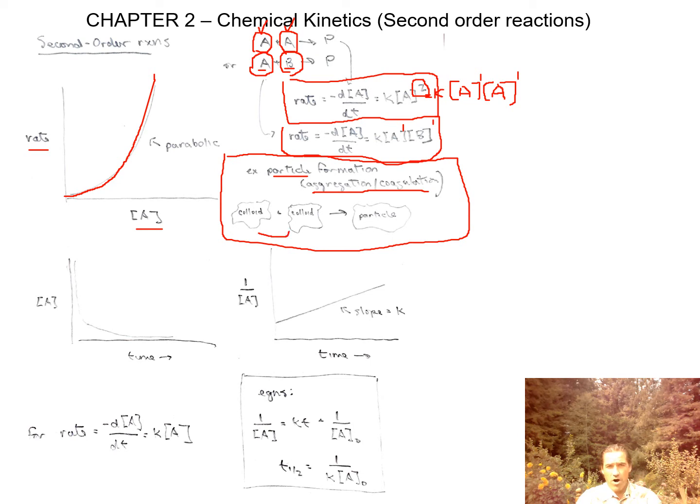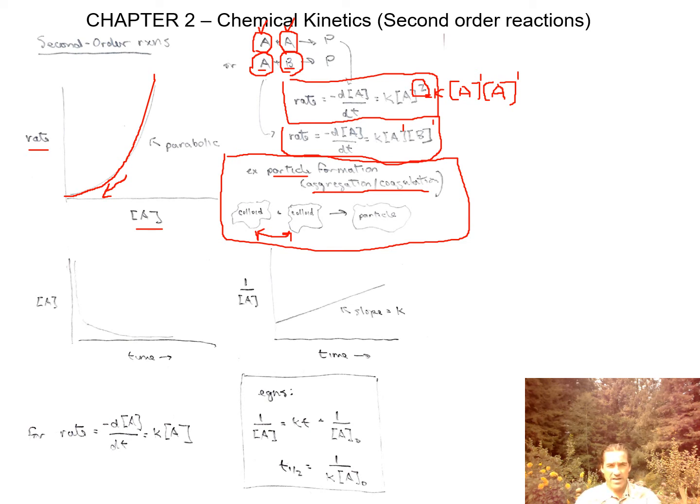And so the more particles you have, the more this aggregation coagulation process will occur. So if you have a lot of colloids, you'll form a lot of particles very quickly. But as the concentration of colloids goes down, the rate of aggregation goes down.